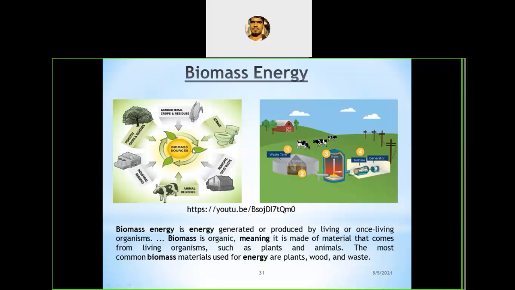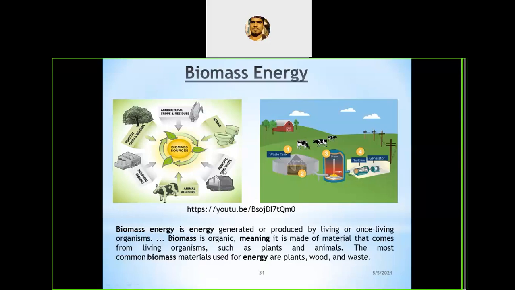The sources for this biomass are, first, agricultural waste, which you can see here. Next, forestry crops or resources in the forest, and sewage from the urban areas. Next, municipal solid waste, again from the urban areas, and animal residues, maybe cow dung, and industrial waste. So these are all the resources for biomass.